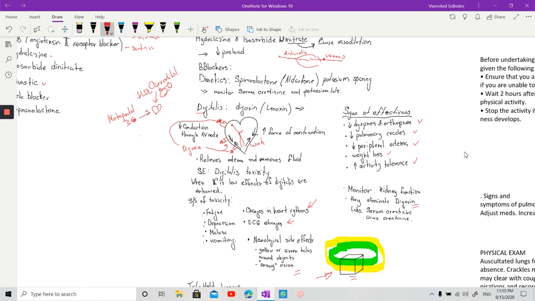If the kidneys are malfunctioning, then we will have an increase in digoxin. The labs that monitor kidney function are creatinine in the serum and urine, and blood urea nitrogen.